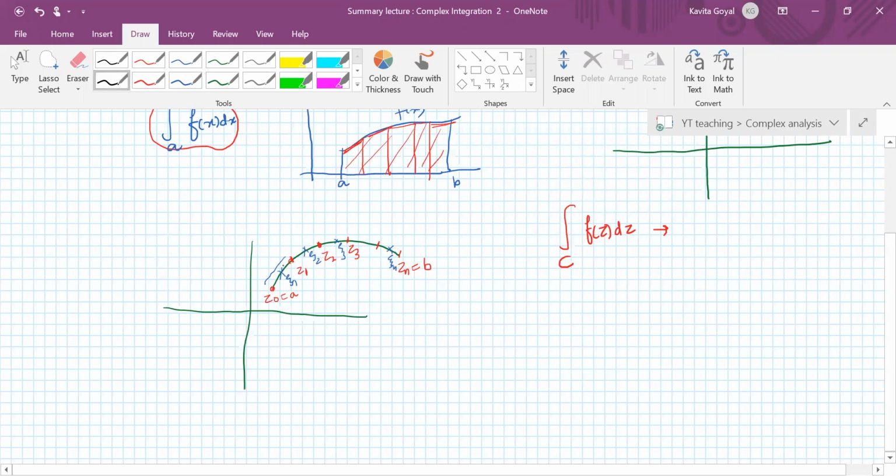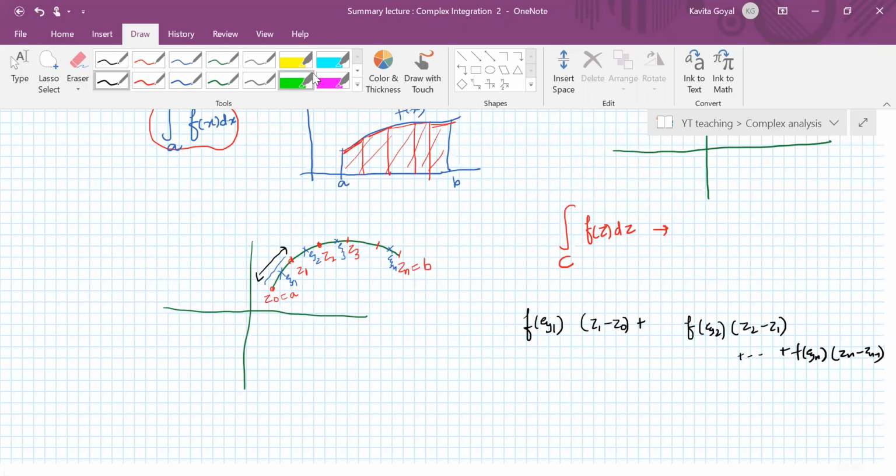So now you take f of zeta 1 into z1 minus z0, plus f of zeta 2 into z2 minus z1, and so on, up to f of zeta n into zn minus zn minus 1. This is not exactly the length, because z1 minus z0 will be a complex number, right?